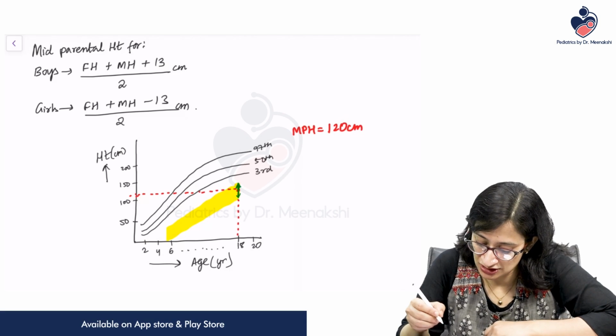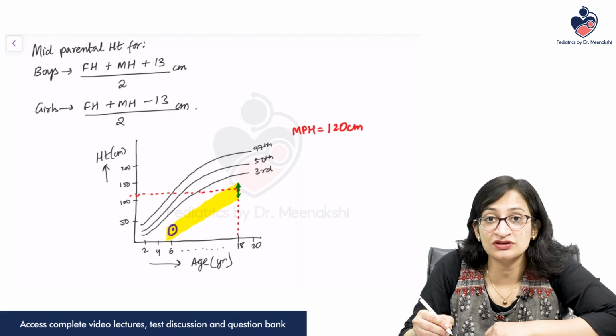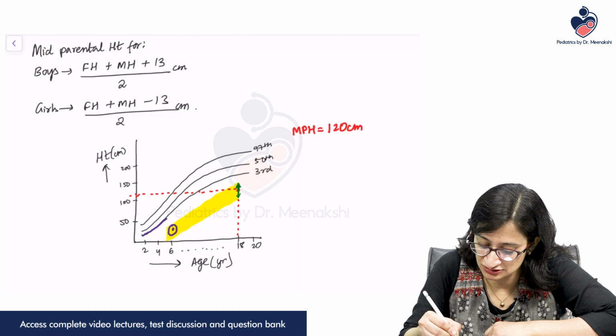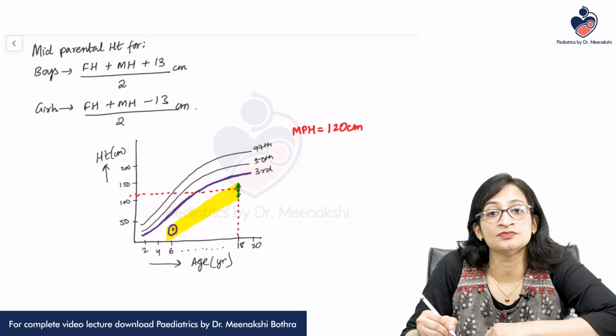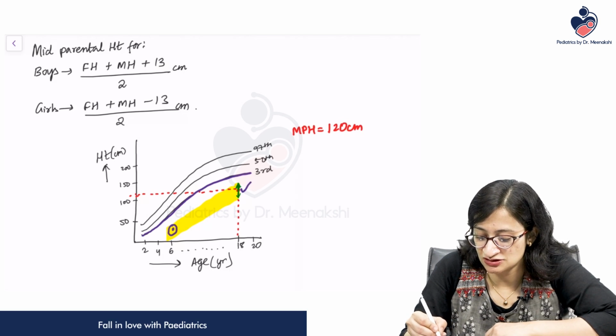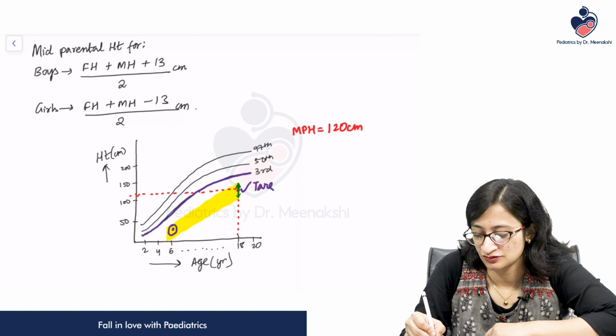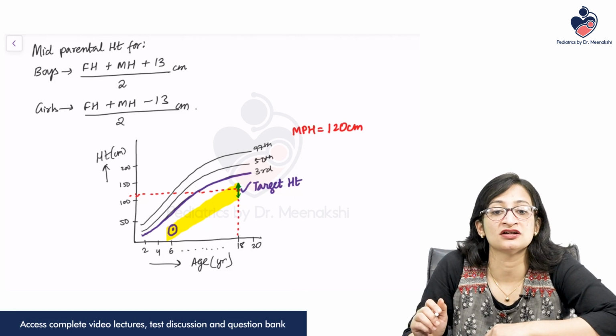So, if the child's height is say lying here, okay. So, even though you can see it is less than the third percentile, this is the third percentile line, right? So, even though it is less than the third percentile, it is normal as per his target height. This is his target height, okay? Based on the height of his parents. So, it is normal as per his target height.